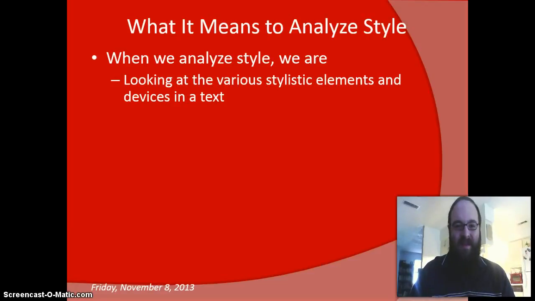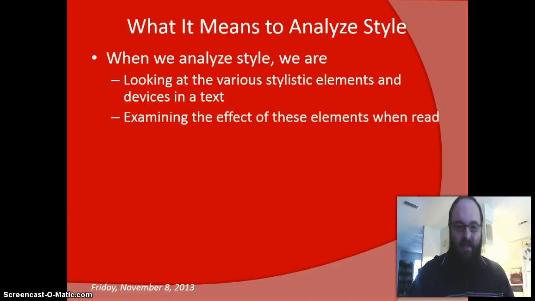We're looking for things like metaphors and figurative language and imagery and personification. We're also looking at the advanced stuff that you guys probably haven't gotten into, like anadiplosis and epistrophe, all those fun Latin and Greek terms that we'll get into this year. Those are all what we call devices because they're sort of mechanisms of language.